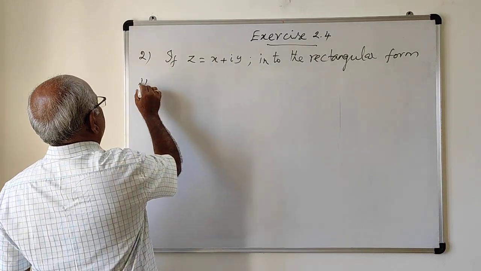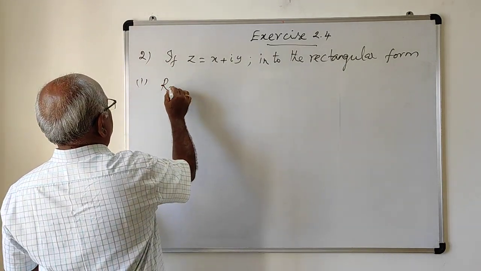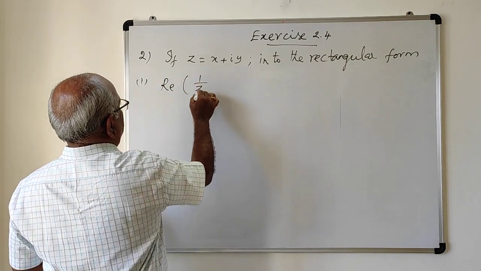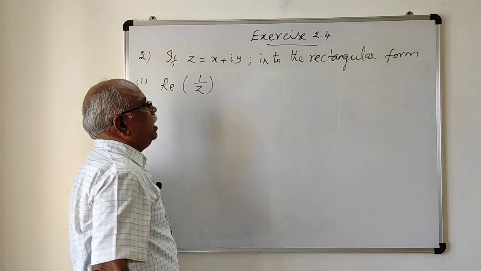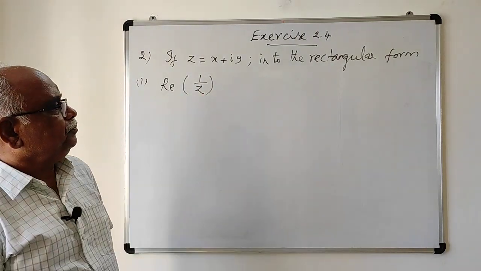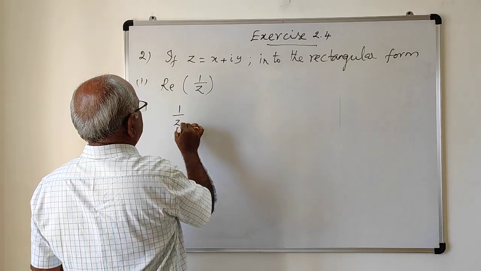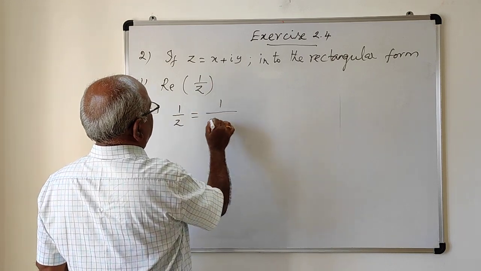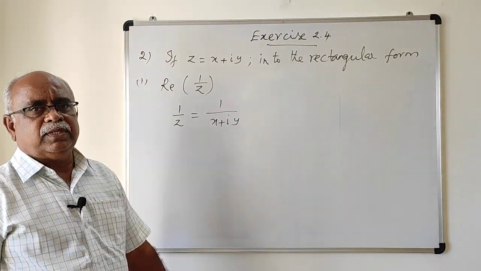First sum, real part of 1 by z. You convert this into the rectangular form. First, z is x plus iy. What is 1 by z? 1 by z is 1 by x plus iy.